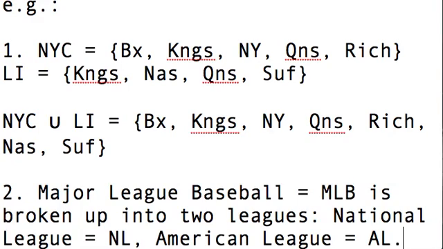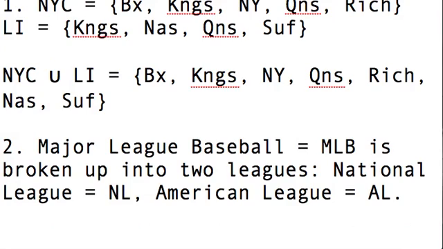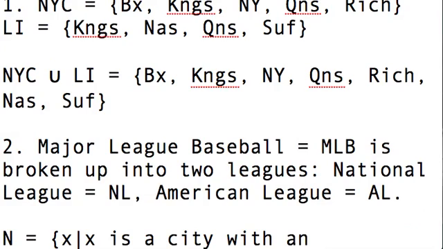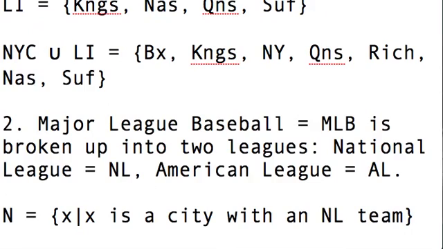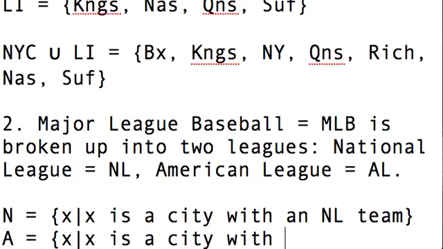That's pretty much all I'm going to say about that. But let me make up two sets. Let N be the set of X such that X is a city with an NL team, and A is going to be X such that X is a city with an AL team.